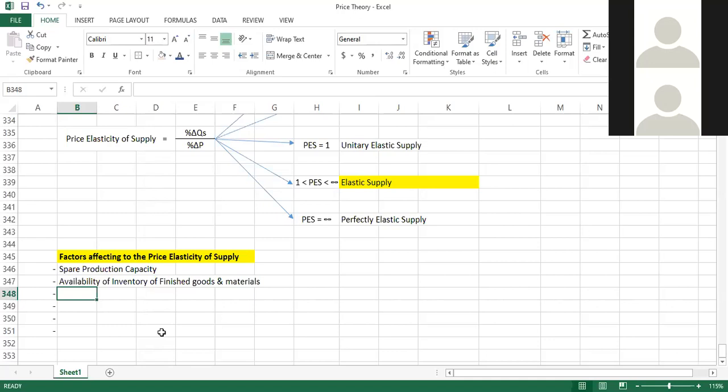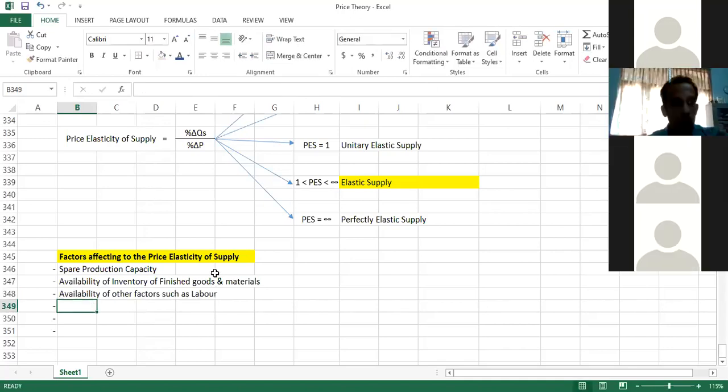And the availability of other factors also, maybe labor, capital, that is also important. Availability of other factors such as labor also will affect the price elasticity of supply.